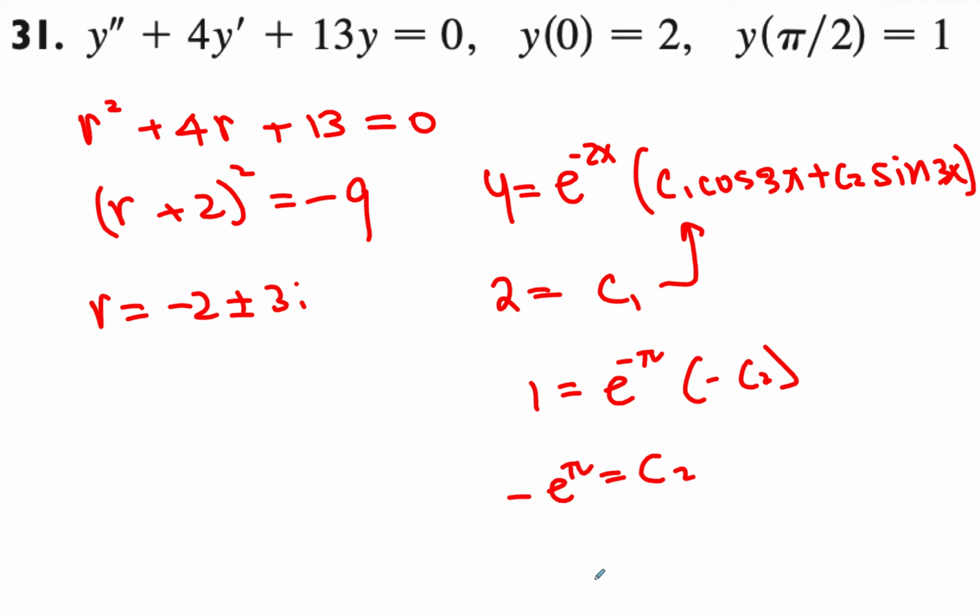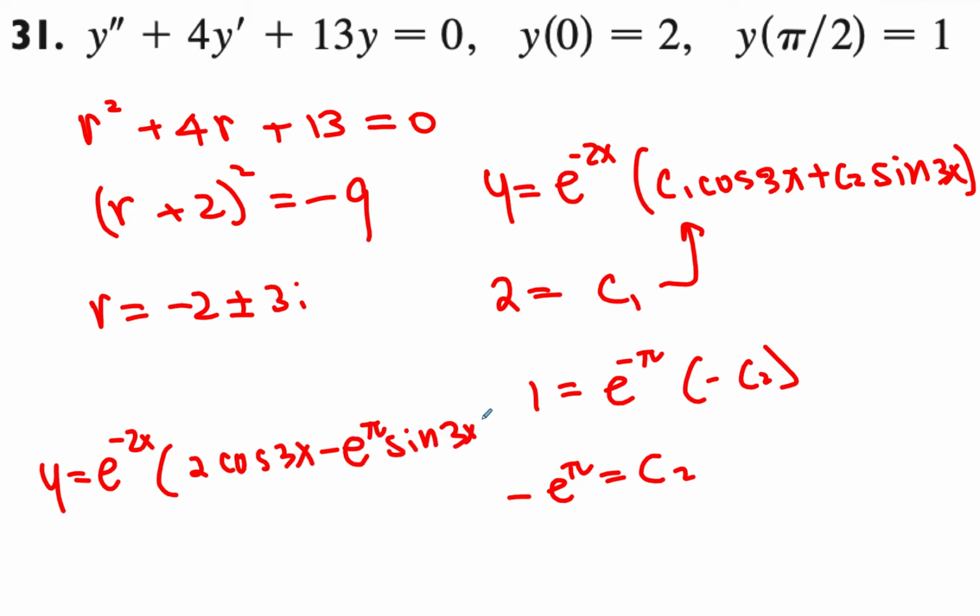So our final answer becomes y equals e to the negative 2x times 2 cosine of 3x minus e to the pi sine of 3x. That becomes our final answer.